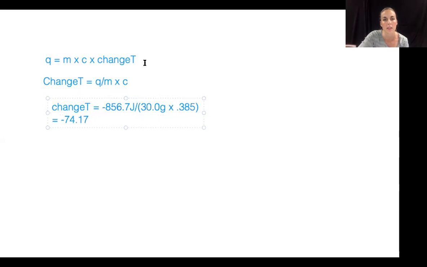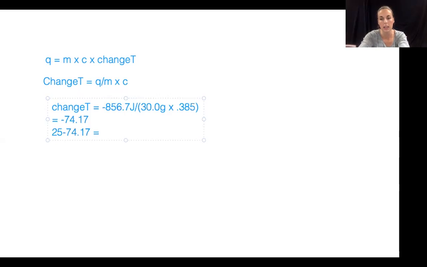Now let's go back and see what it's asking. It's asking for the new temperature. It started at 25 degrees Celsius. So what we're going to do is subtract 25 degrees Celsius minus that change in temperature there. It's negative, which means it's a minus, not a plus. So 25 minus 74.17. If this was a positive number, you would just add.